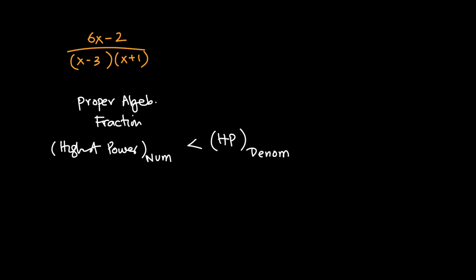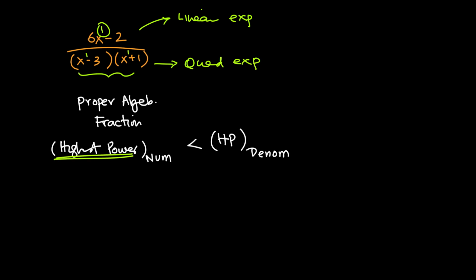The highest power in this scenario is 1. The top is a linear expression. The bottom is two linear expressions multiplying out, making it a quadratic expression. Since the highest power of the numerator is lesser than the highest power of the denominator, therefore it's a proper algebraic fraction.